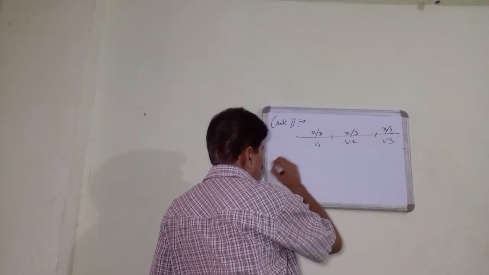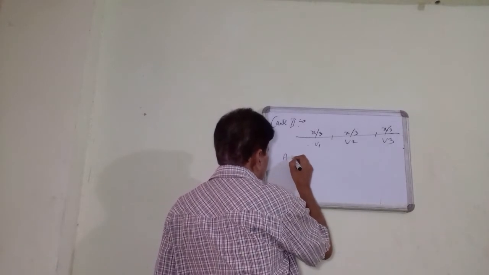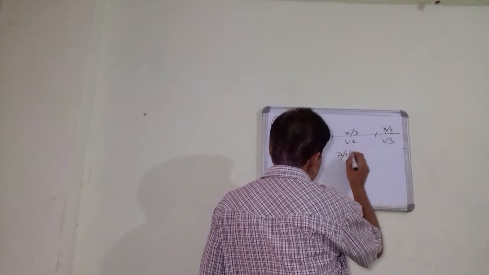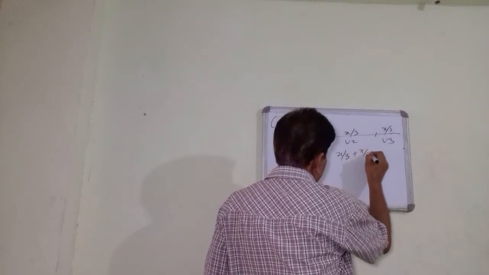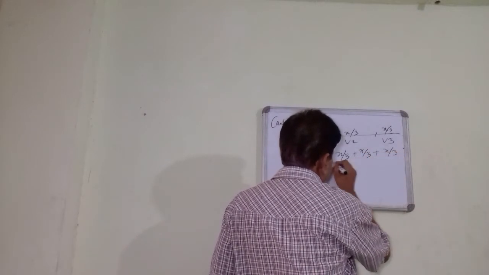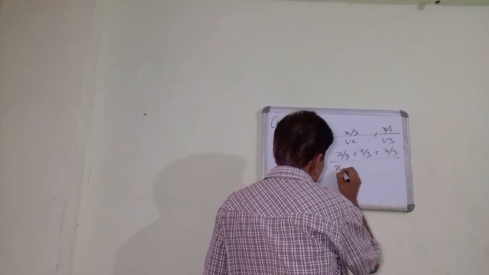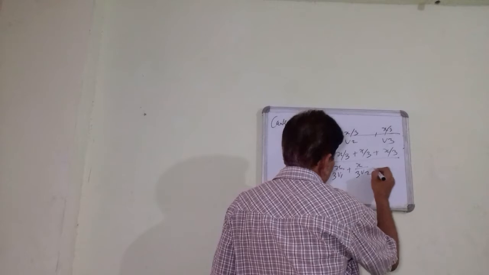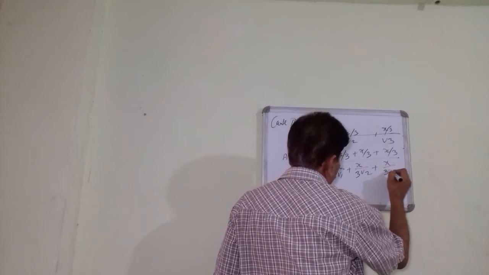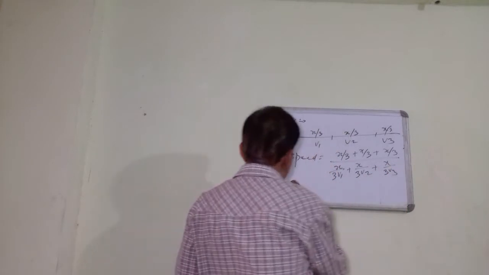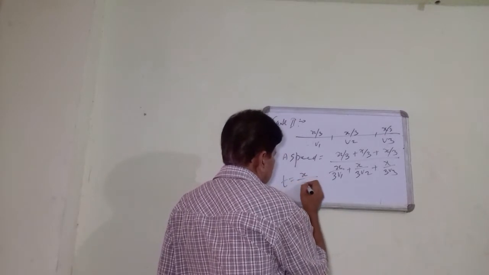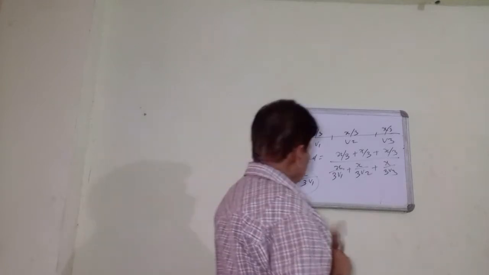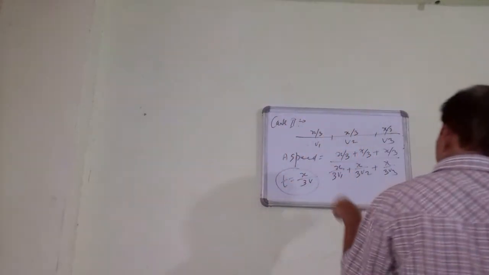Then what is the average speed? Again, average speed is total distance x by 3 plus x by 3 plus x by 3, and total time becomes x by 3 v1, x by 3 v2, x by 3 v3, because time is equal to distance upon speed.